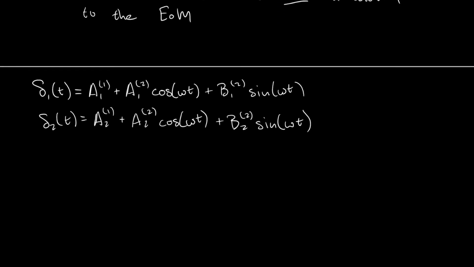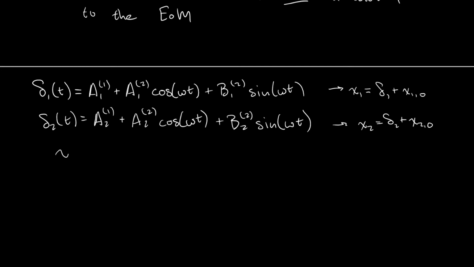So to see it more generally, we have to look at our full solution, which is going to be in terms of x1 and x2, which we know we can just write as x1 equals delta 1 plus x1,0 and x2 equals delta 2 plus x2,0.